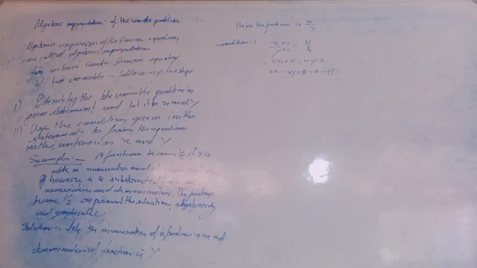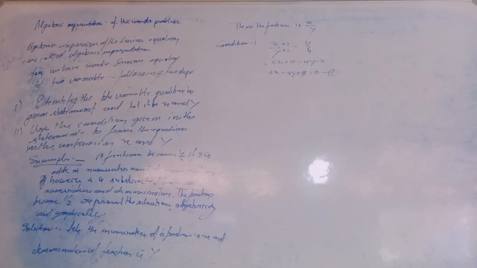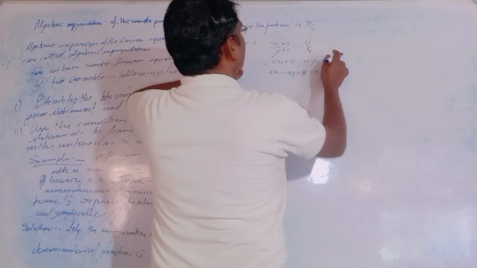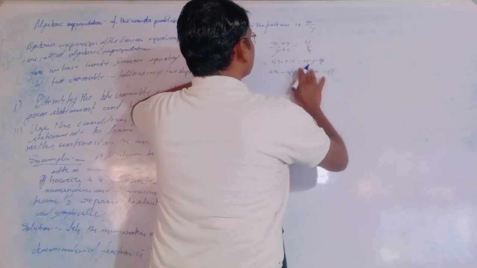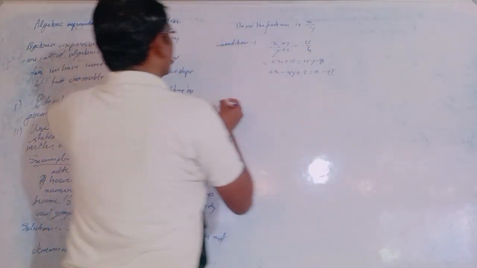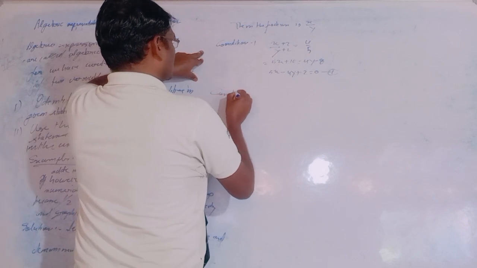So 5x minus 4y plus 2 is equal to 0. This is the first equation.